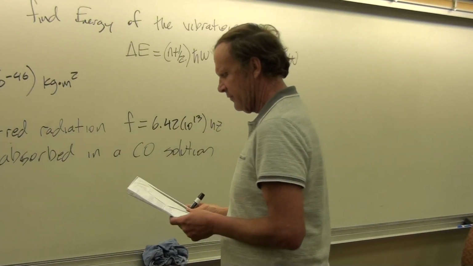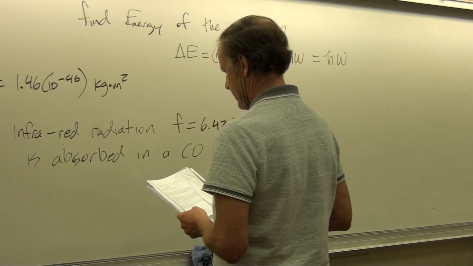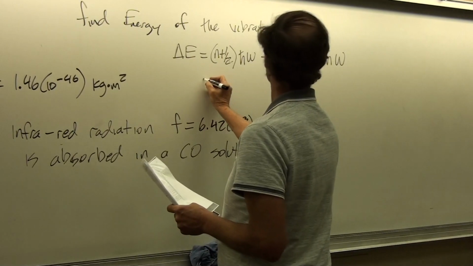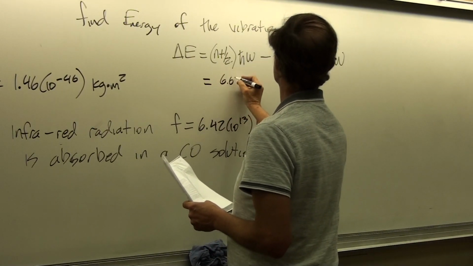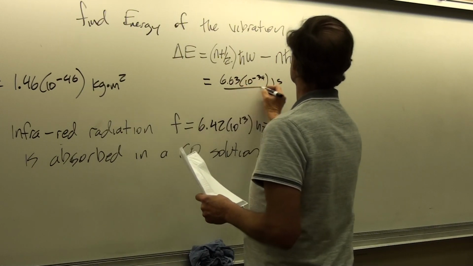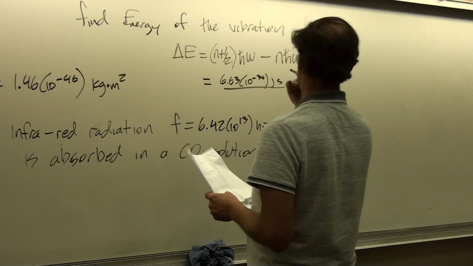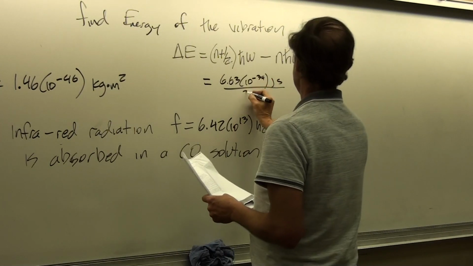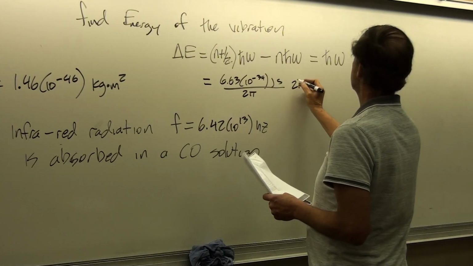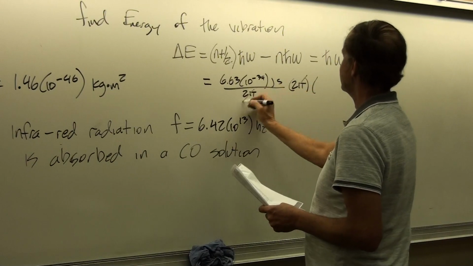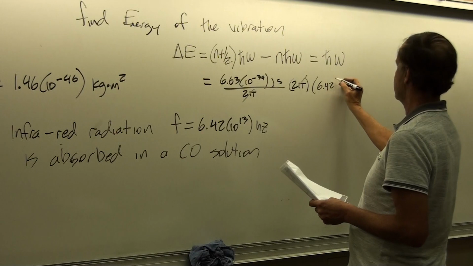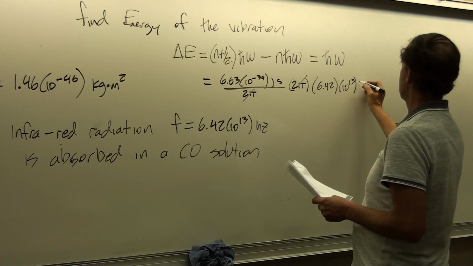Okay, so all of that in mind then, we'll find the energy first. So that's going to be equal to 6.63 times 10 to the minus 34 joule seconds divided by 2 pi for h bar, Planck's constant over 2 pi, times omega, that's 2 pi times the frequency, so the 2 pi's cancel here, and that gives us a frequency of 6.42 times 10 to the 13 hertz.